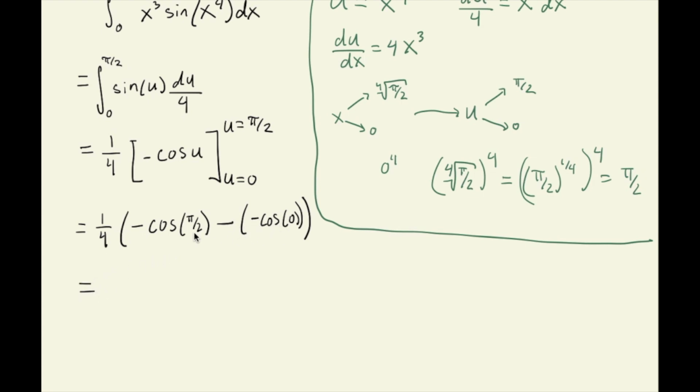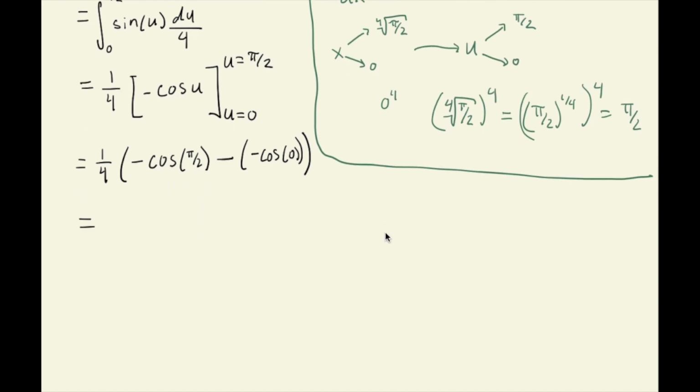But, so cosine of pi over 2, I'm going to want you to know how to do these things. So I'm going to do scratch work for you here. You can use the unit circle to figure it out. So in the unit circle, given an angle theta, the x-coordinate is cosine of theta, and the y-coordinate is sine of theta.